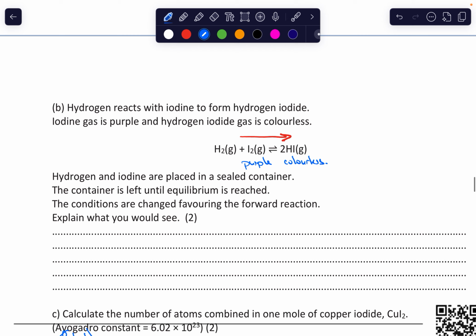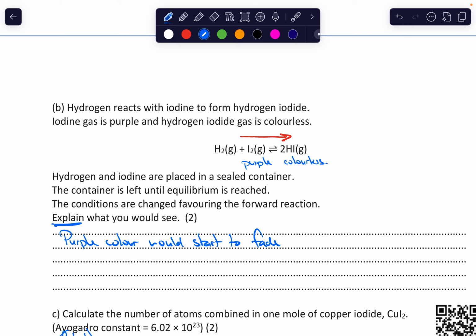So we would say here, explain what you would see. You're going to see that the purple colour would start to fade. Okay, and then we've got to explain. So why is that going to fade?